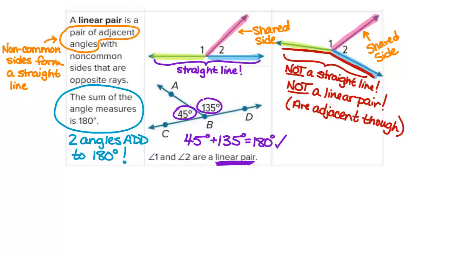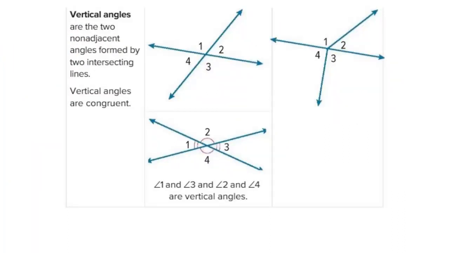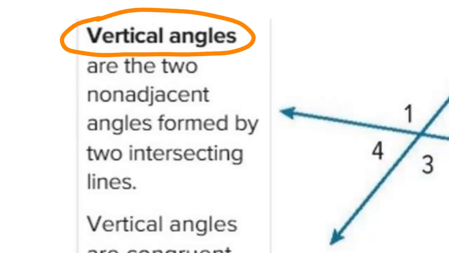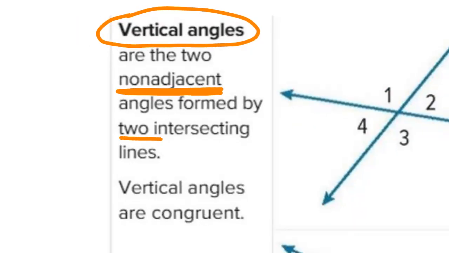So that's two of the special angle pairs: adjacent angles, and then a special kind of adjacent angle called a linear pair. And then we have our last special type of angle that we want to talk about today, and that is vertical angles. Vertical angles are non-adjacent angles formed by two intersecting lines.